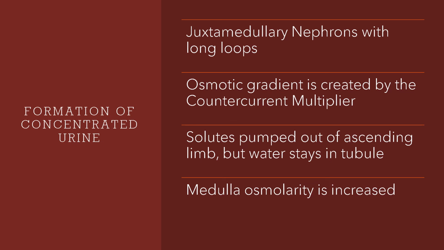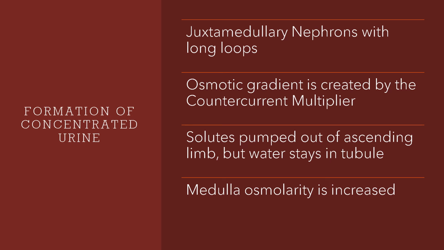When water intake is very low or water loss is high, for example, during heavy sweating, the kidneys must conserve water while still being able to eliminate wastes and excess ions. So this is where we're going to talk about these really long looped juxtamedullary nephrons, which are more used for concentrated urine.